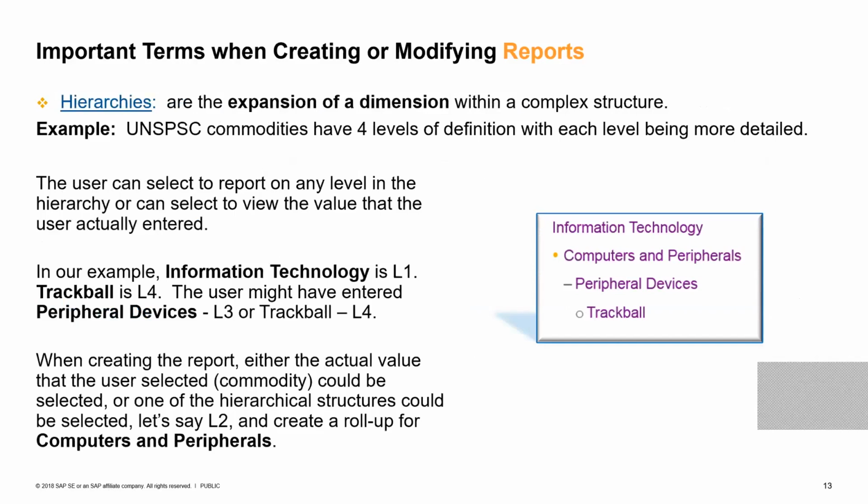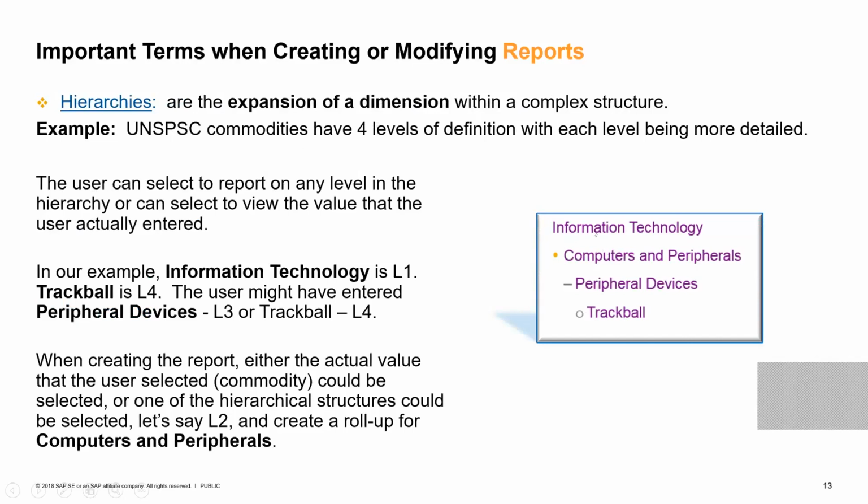We also have another important term called hierarchy. It is the expansion of a dimension, which I explained on the previous slide. So let's just use this example, the UNSPSC commodities. For example, let's say it has 4 levels of definition.